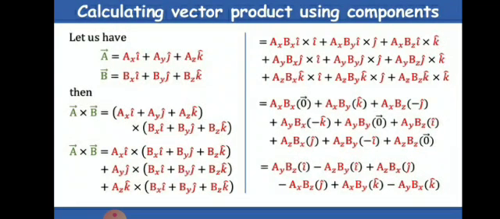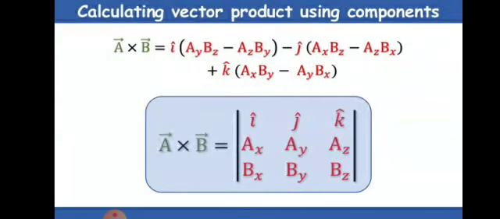So the first, i cap cross i cap is 0, i cap cross j cap is k cap, i cap cross k cap is minus j cap, j cap cross i cap is minus k cap, j cap cross j cap becomes 0, j cap cross k cap is i cap, k cap cross i cap is j cap, k cap cross j cap is minus i cap, and k cap cross k cap becomes 0, and you have to write those values.